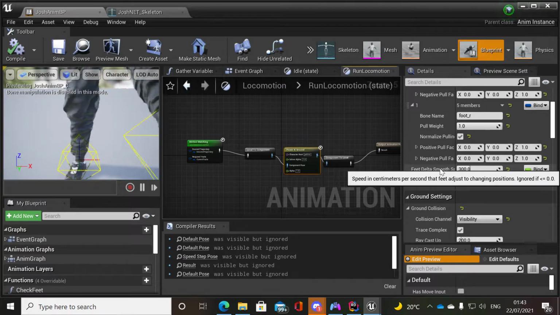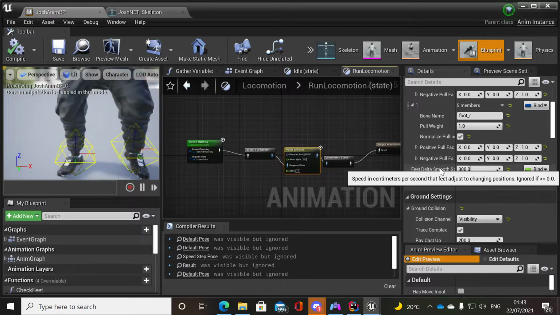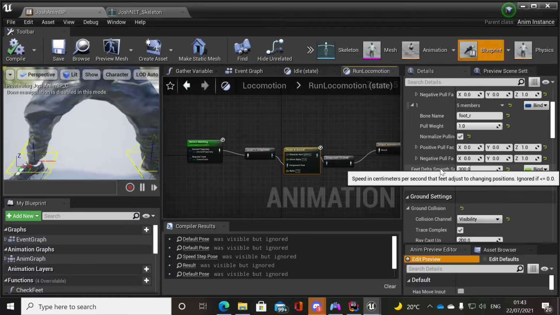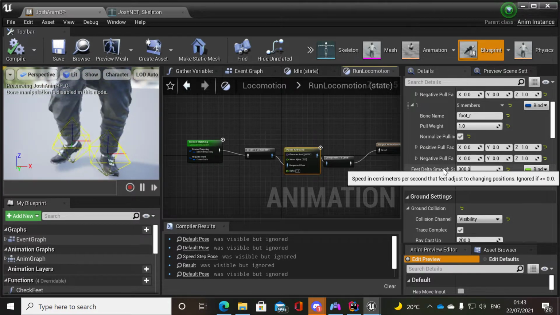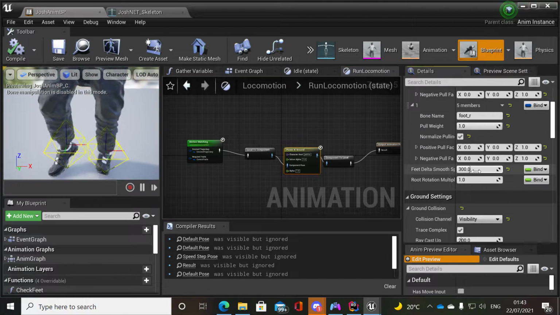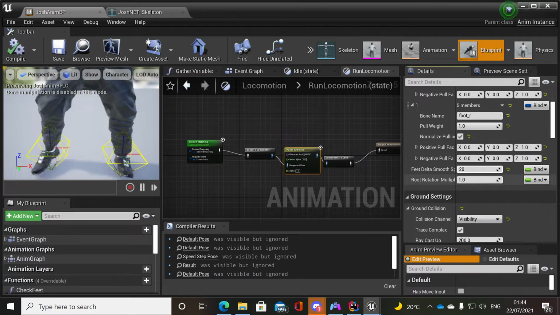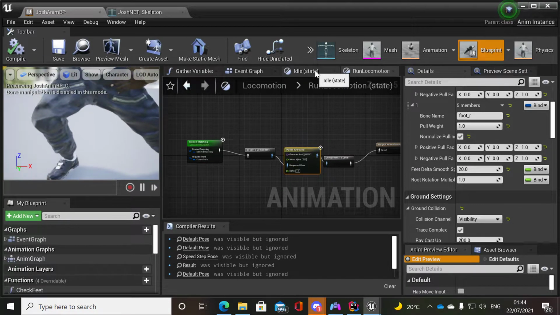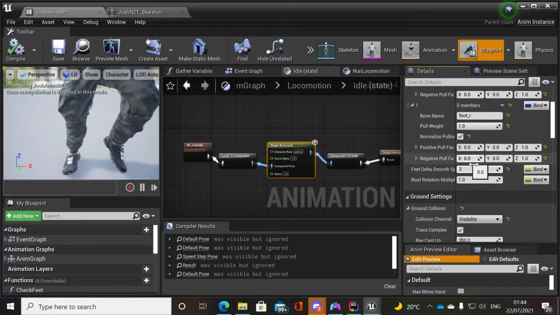Actually, can we try a very low number there, like 20 or something, and see if the animations are going to be jittery? But at least it will correctly go up and down the stairs, I would guess.